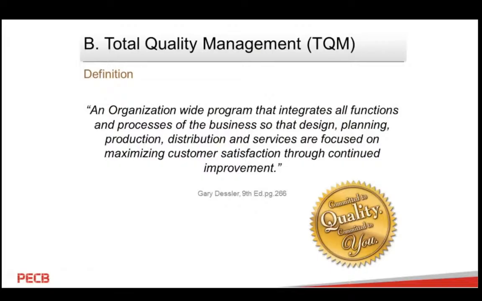Now, TQM is not something that will happen overnight. Obviously, it's a process. It will take you some years to establish a good TQM in your company. Quality is maintained, everything is being managed, and to implement it, you'll have to work on it. Then there are some philosophies as well.